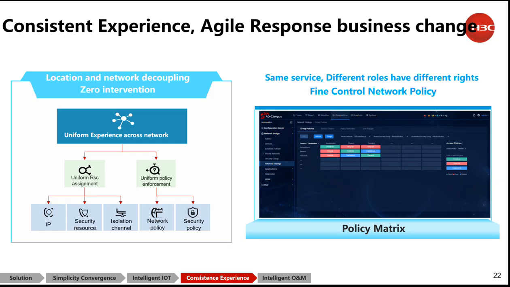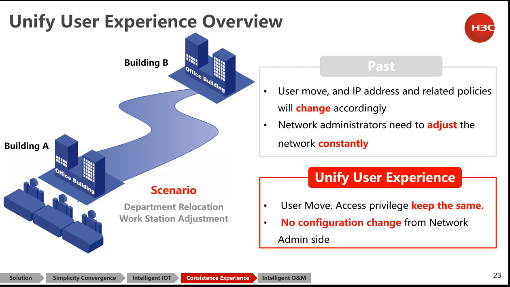We don't care if they connected via a physical port on a switch, via the Wi-Fi, if they're in building A or if they're in building B. Once a user gets identified using our NAC solution, they have a profile that they will match, and based on that profile, policies will kick off dictating what they can do. Again, it doesn't matter where you are or how you connect onto the network. All we care about is who you are and we give you that same unified user experience throughout the network.